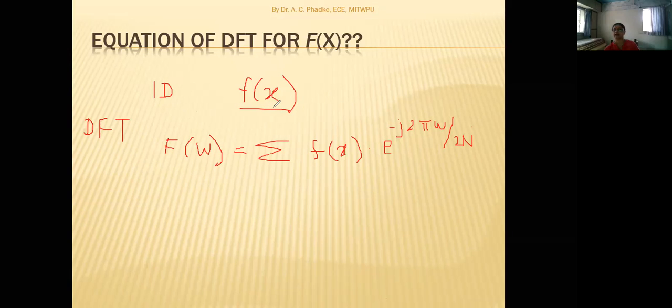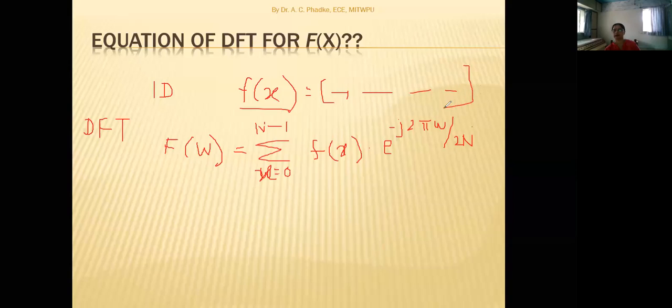This is the equation of Fourier transform for a one-dimensional signal like an electrical signal. And here the index of summation, sorry, here you should write x. x varies from 0 to N minus 1 because your vector can have multiple samples, 1, 2, 3, 4, and so on.